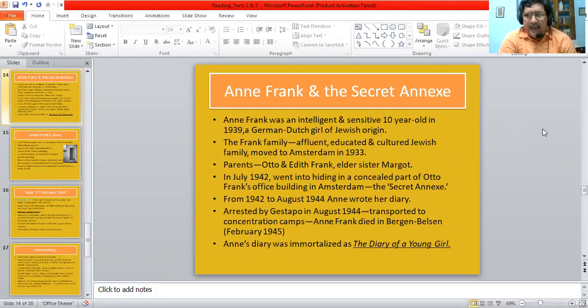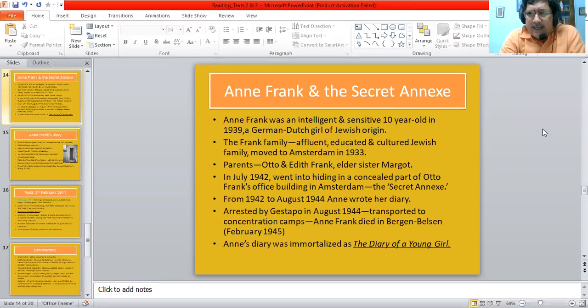Now, when the war began and the persecution of the Jews was increasing day by day, then the Franks were helped by a few of Otto Frank's office colleagues in Amsterdam to go into hiding. So in July 1942, they went into hiding in a concealed part of Otto Frank's office building in Amsterdam.